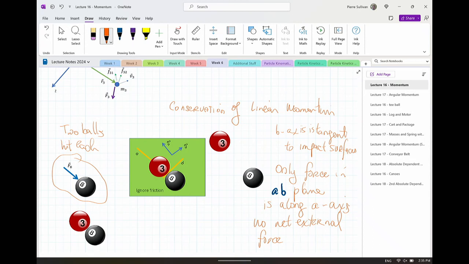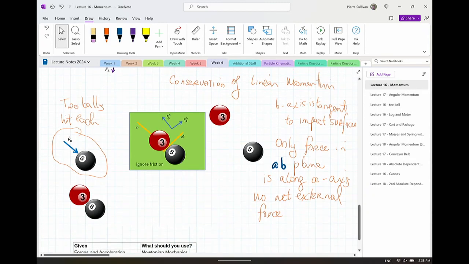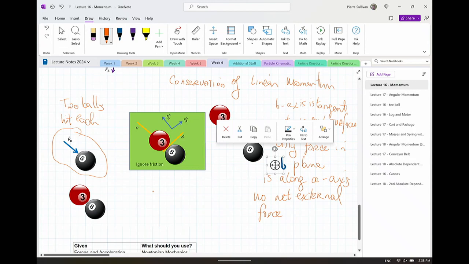I've defined here unit vectors b and a, where b is tangent to the impact, and a is along the line of the impact. The only force being applied is acting along a, and that's force 8. So when they come into contact, it looks like that. There's no external force.